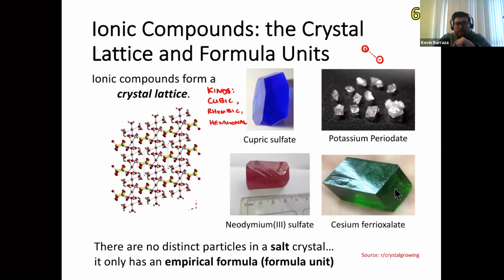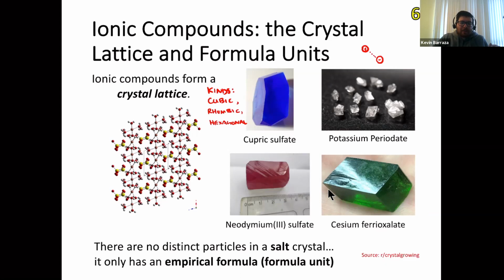If the original ions start forming a cube shape, then as it snowballs, it's always going to keep that cube shape. For example, cesium ferrioxalate is cubic looking, and so is potassium periiodate. So we have those interesting results that come from it.